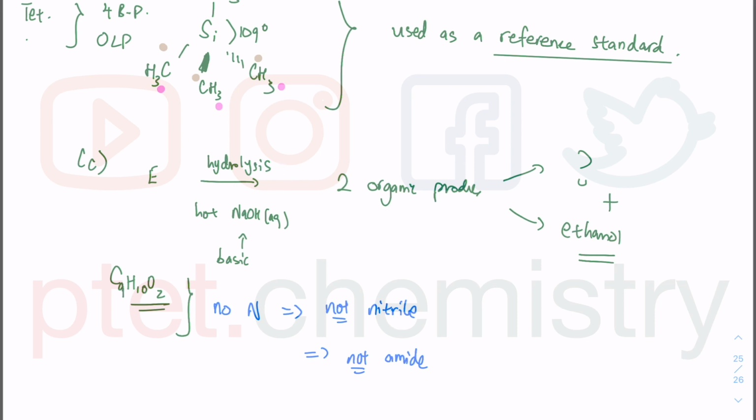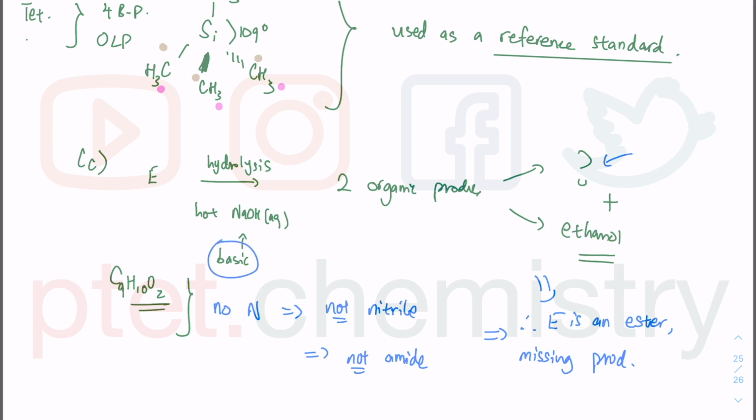There's an AS concept. So all of this information combined, therefore, E is an ester, which means the missing product is a carboxylic acid. Hang on, not a carboxylic acid, because you are in basic condition.